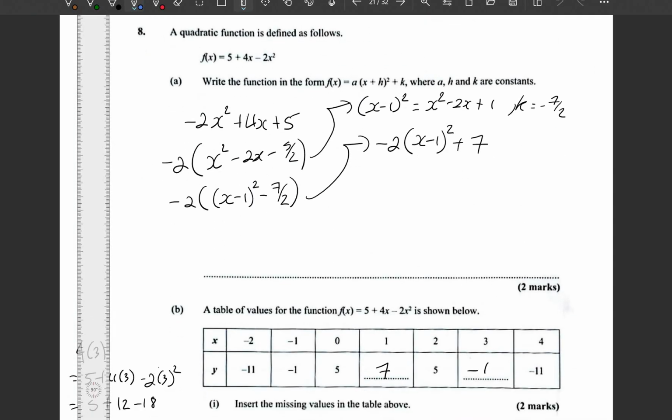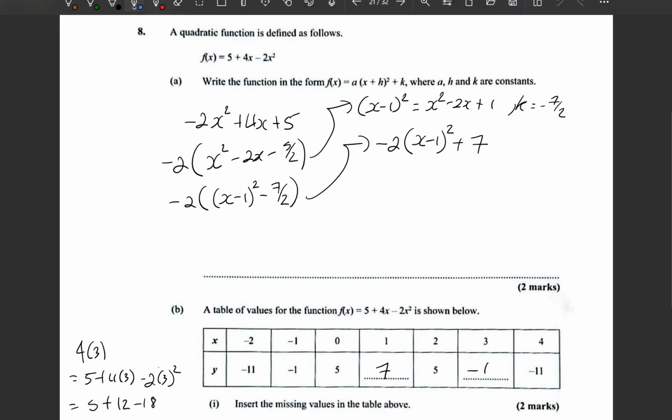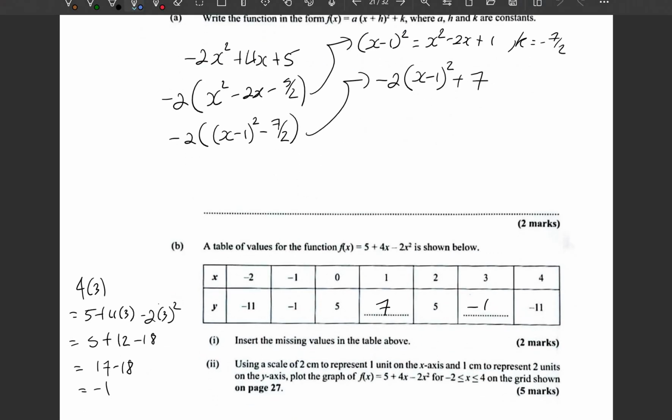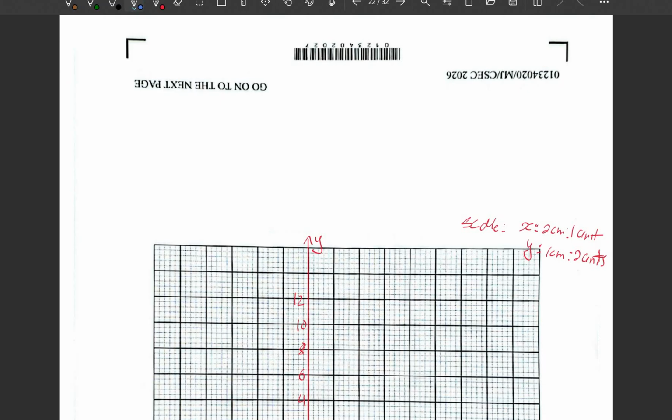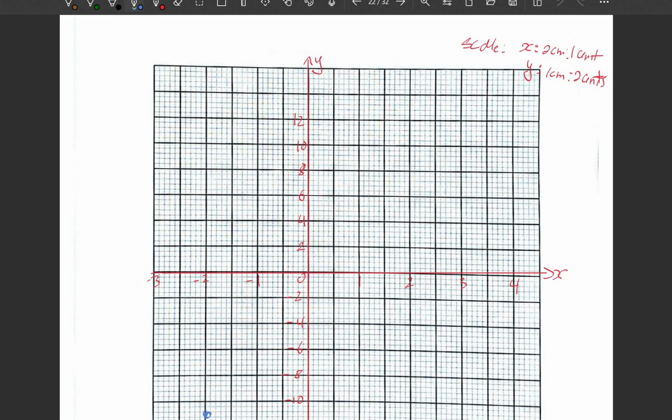Then we have, get rid of this ruler. Then we have minus 1, minus 1. So let's plot minus 1, minus 1. It's minus 1 on the x, minus 1 on the y. And go in again.